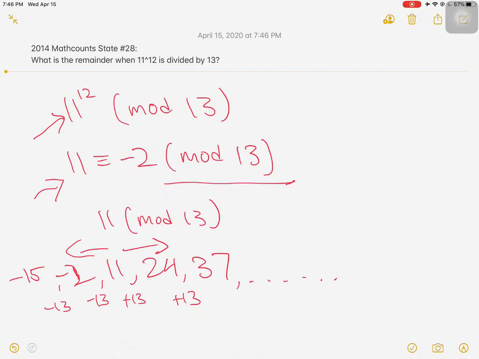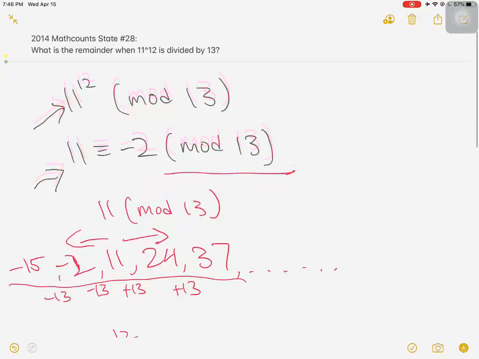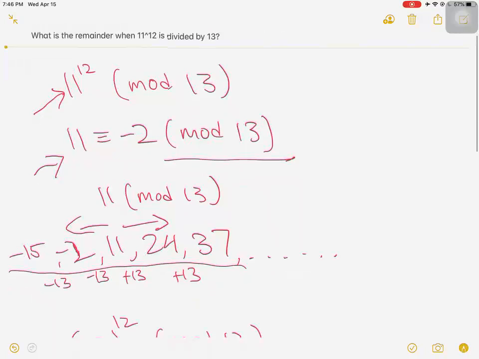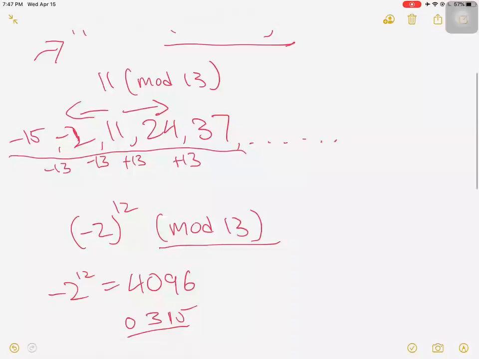So we can replace the 11 with a 24 or a 37 or any one of these numbers. But we want to pick a smaller number so it's easier to compute. Does that make sense? And since negative 2 is fairly small, we can easily compute this value right here.